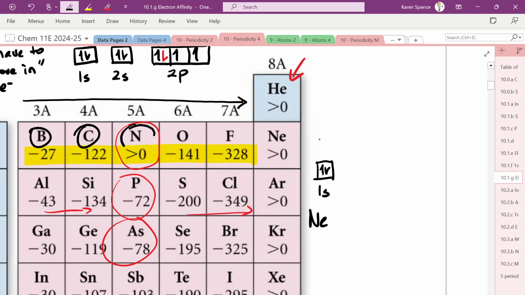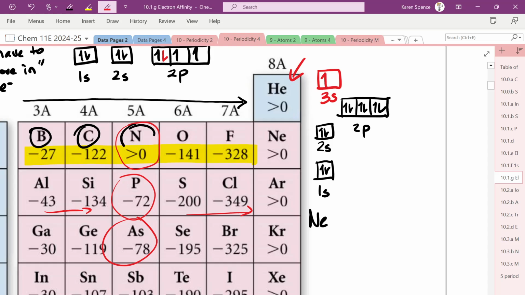1s2, 2s2, 2p6. Where does our next electron have to go? It has to go into the 3s, which is further from the nucleus and is shielded by shell number 1 and shell number 2.